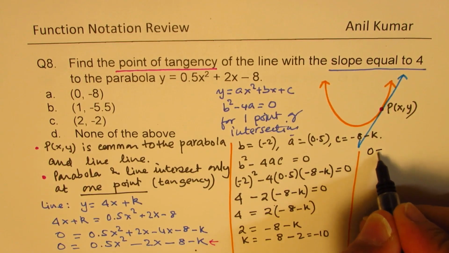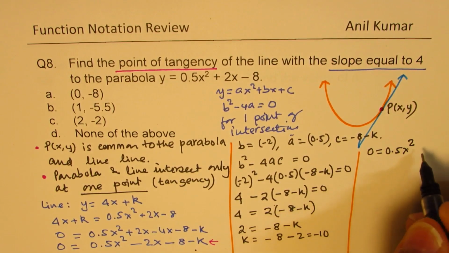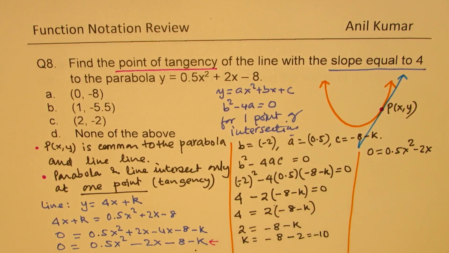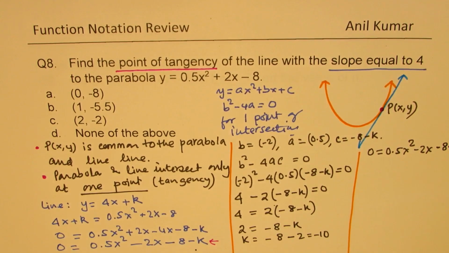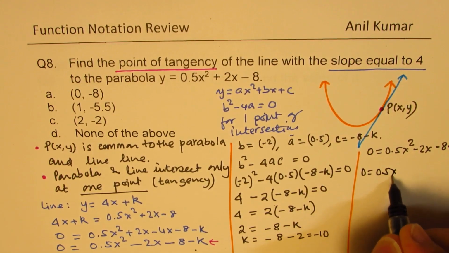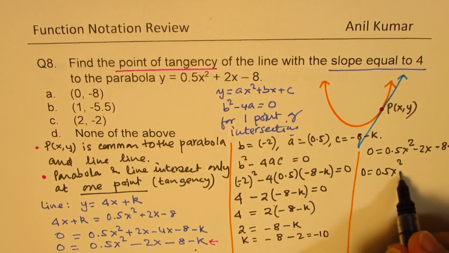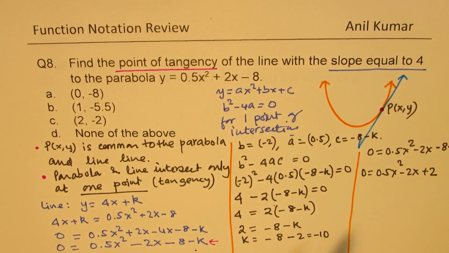So now we have 0 equals 0.5x squared minus 2x and minus 10. So that is minus 8 plus 10, correct? Minus and minus. Okay. So we get our equation as 0 equals 0.5x squared minus 2x plus 2, right?